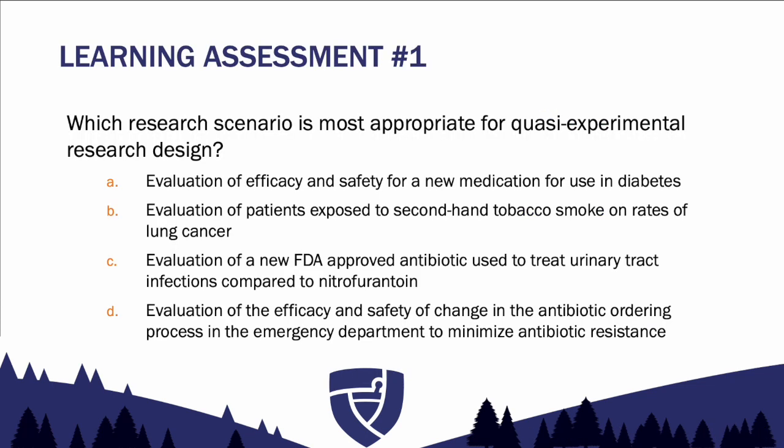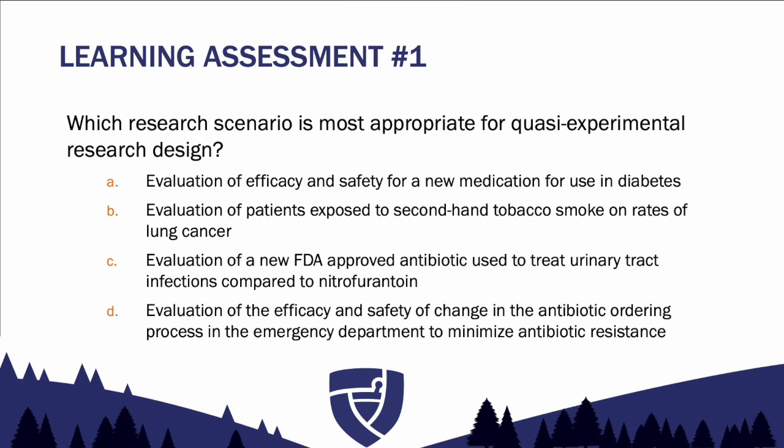We have come to our first learning assessment. I will briefly read the question and each of the following responses. Please feel free to stop the video if you would like to allow some time to think through the question and come up with a response. Which research scenario is most appropriate for quasi-experimental research design? A. Evaluation of efficacy and safety for a new medication for use in diabetes.